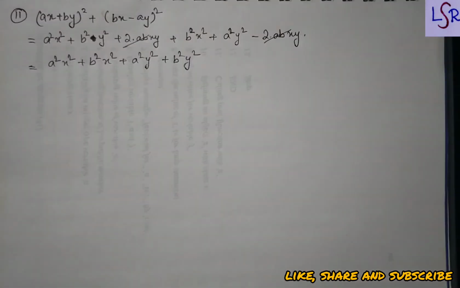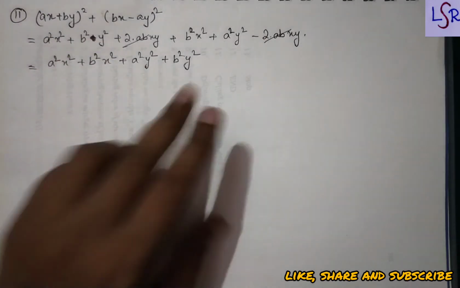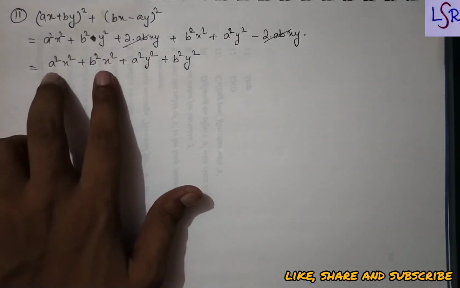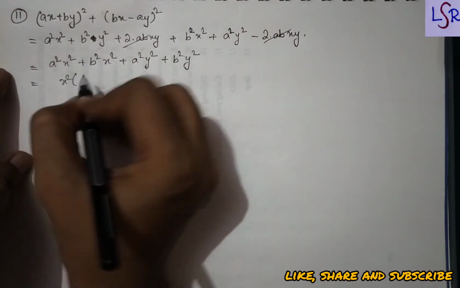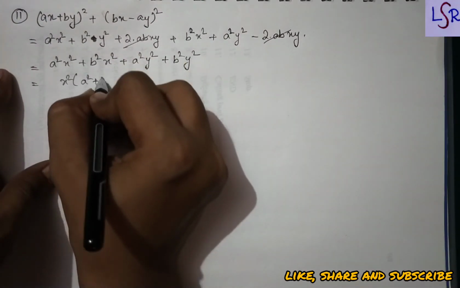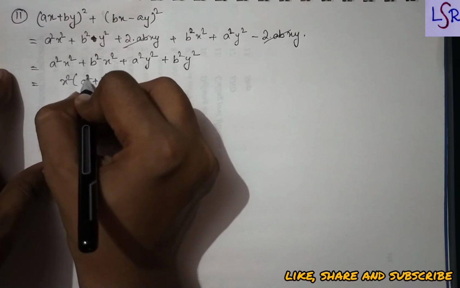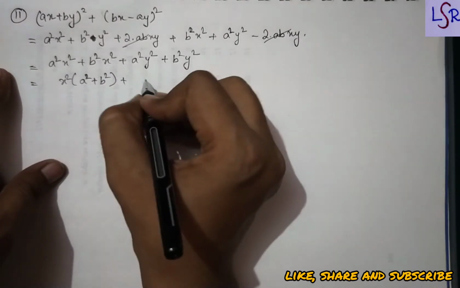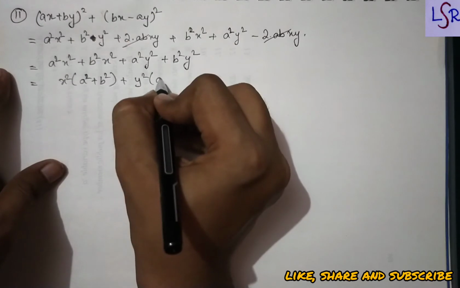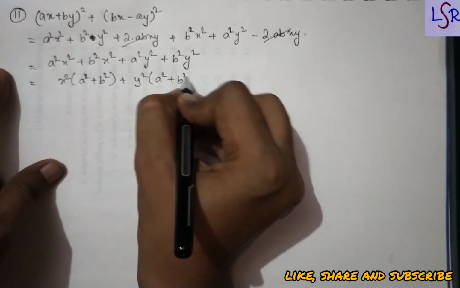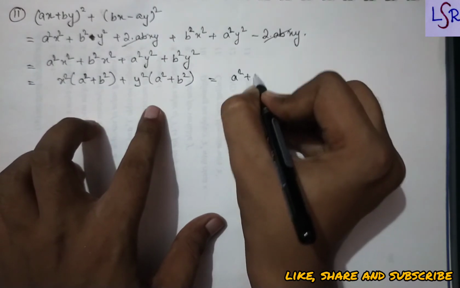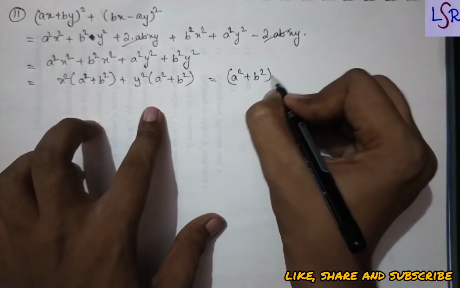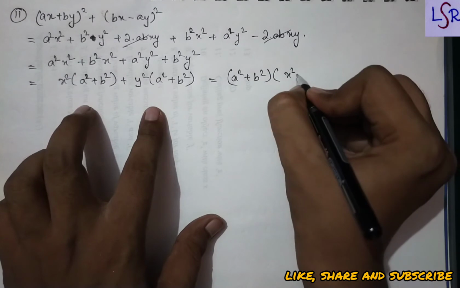Now here we have shifted this to the last, and now we can take x square common from the first two, and we will be left with a square plus b square, and from these two we can take y square as common and we will be left with a square plus b square. Now the bracket can be taken as common, so a square plus b square, and here we will have x square plus y square.